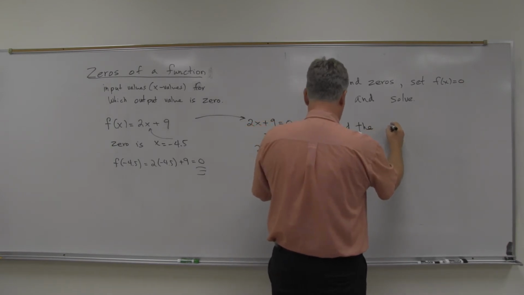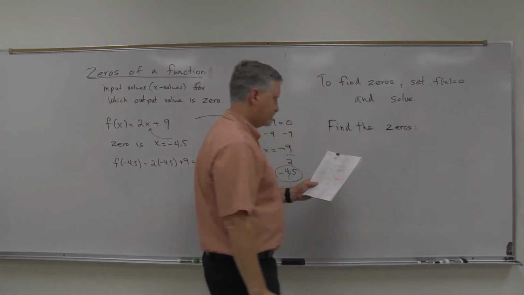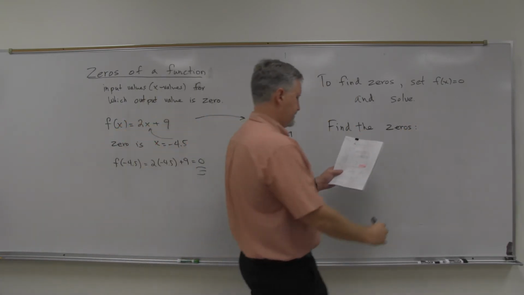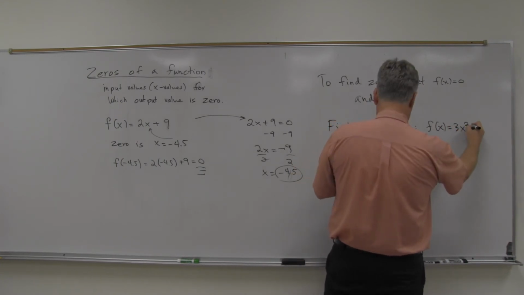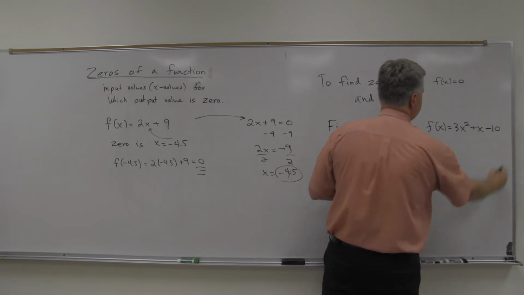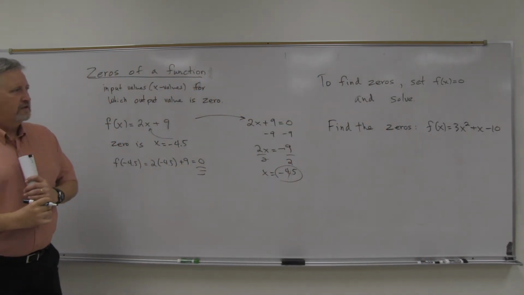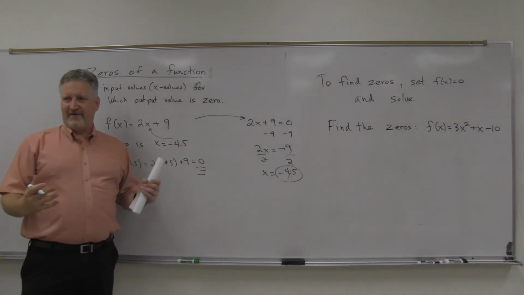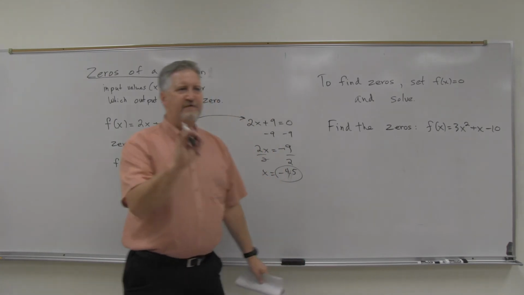All right, so find the zeros here. f of x equals 3x squared plus x minus 10. So yeah, this one is actually the solving type of equation, because zeros mean f of x is 0.